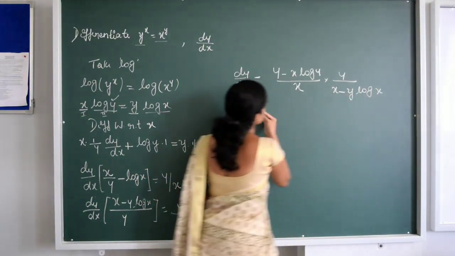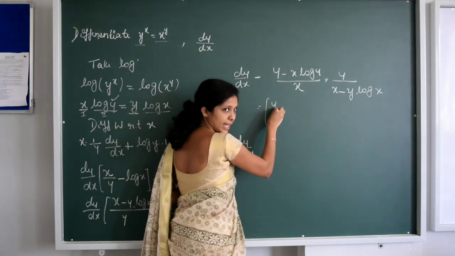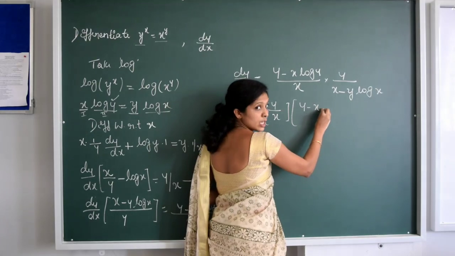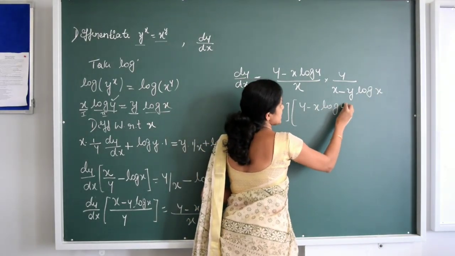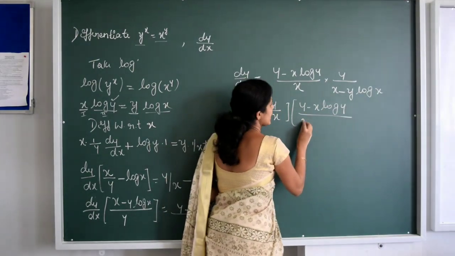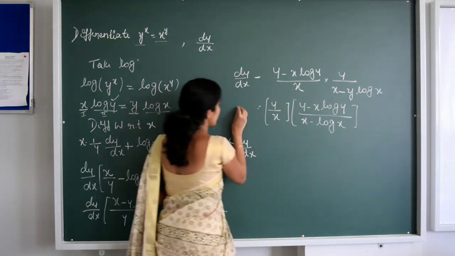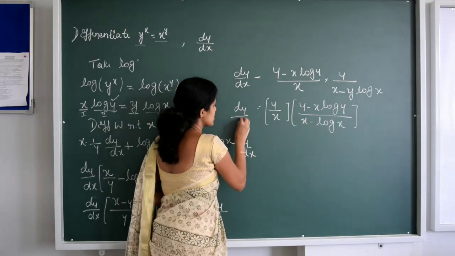Finally, we can rearrange this as y by x into y minus x log y divided by x minus y log x. So this is the value of dy by dx. I hope you understood this one.